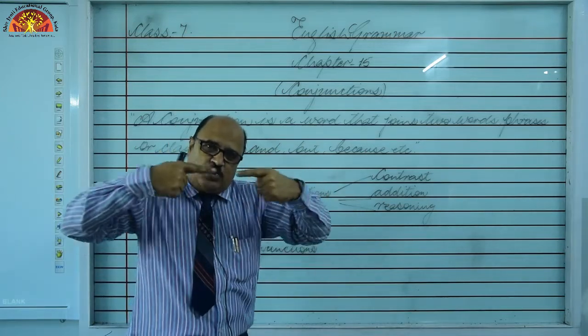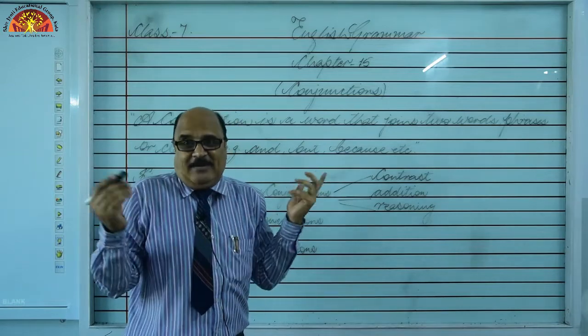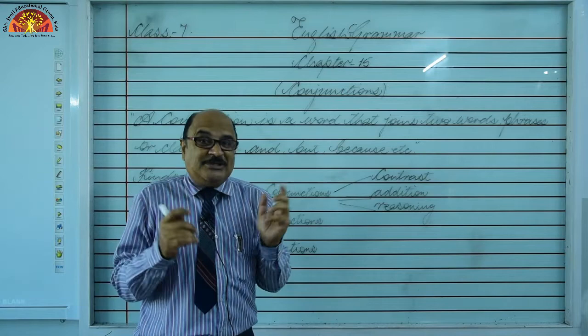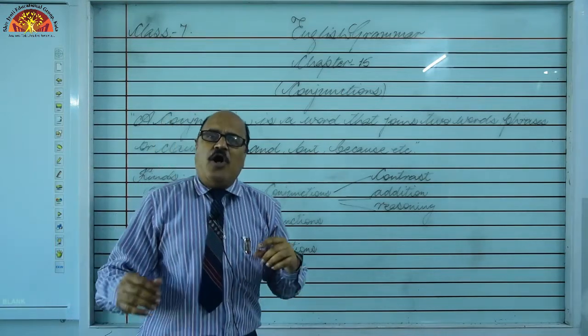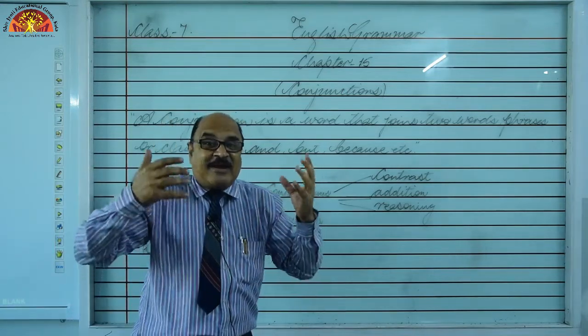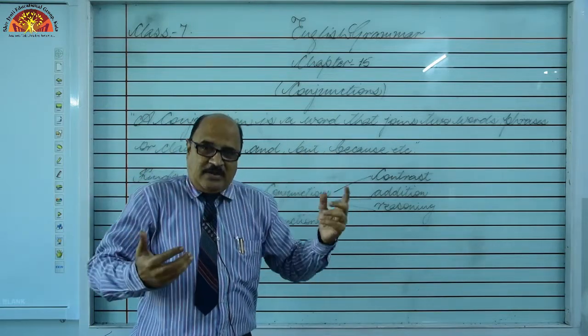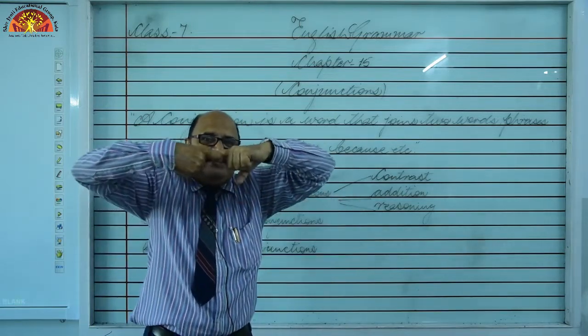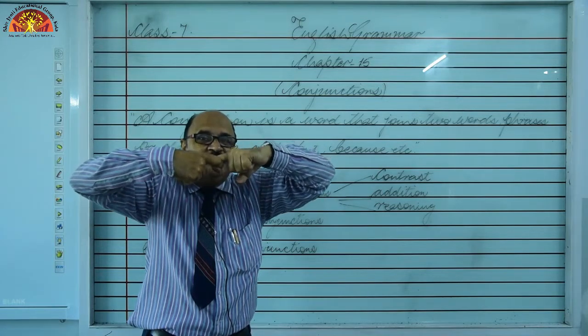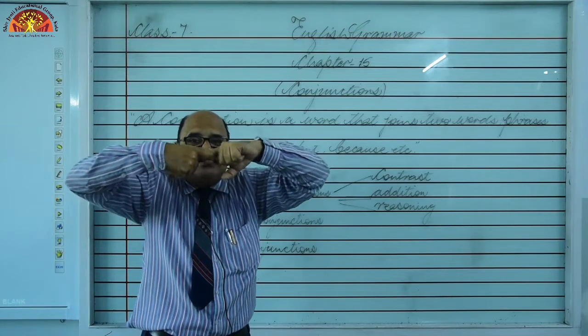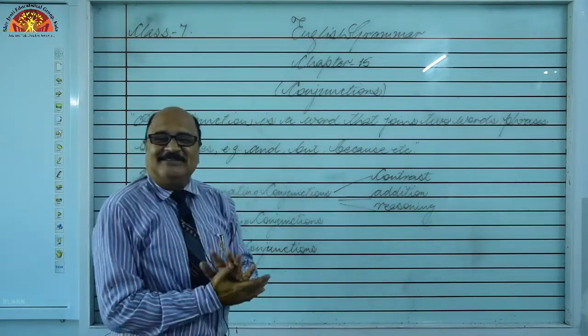In this way, you might have seen a train. An engine is there, so many coaches are there, and all the coaches have been connected with each other, with one another. This is a link. So, these linking words or these links are known as conjunctions.